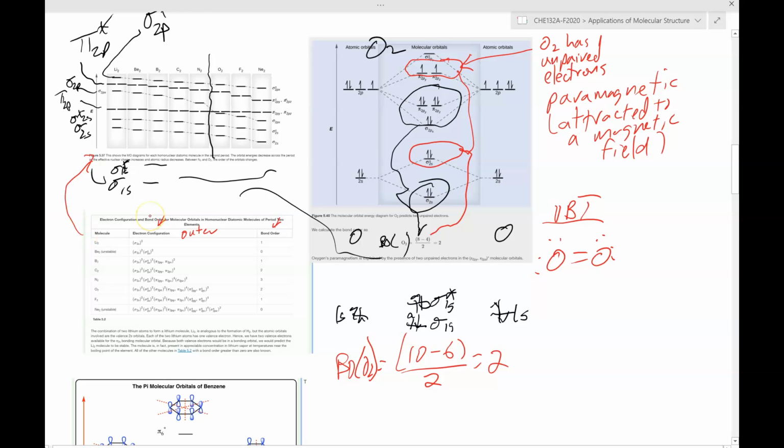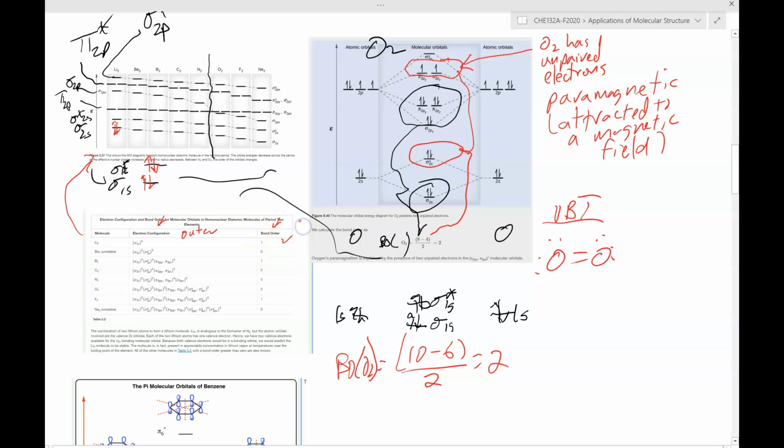So lithium, for example, has 1s2 and 2s1, so our 1s electrons fill those sigma 1s and sigma star 1s, and then up here we're going to have two electrons, because we got a 2s1 electron on both of the lithiums. And when we do the bond order calculation, we get 2 minus 0, or 4 minus 2, however you want to do it. That comes out to be 1.